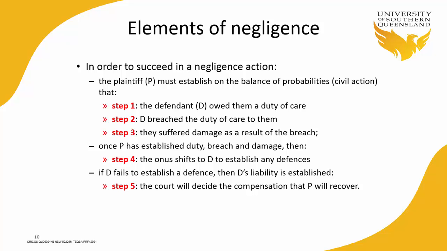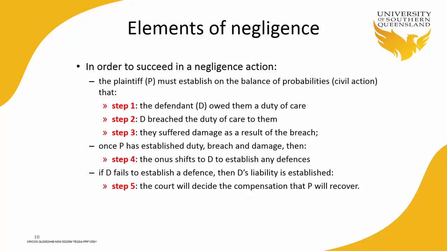So you have to succeed in proving each one of these elements in order to make out the cause of action and receive compensation, provided of course that the defendant is unsuccessful in raising any defenses that we'll look at when we look at the last step, step 5. So steps 1 to 3 on the slide are what we refer to as the elements of negligence.